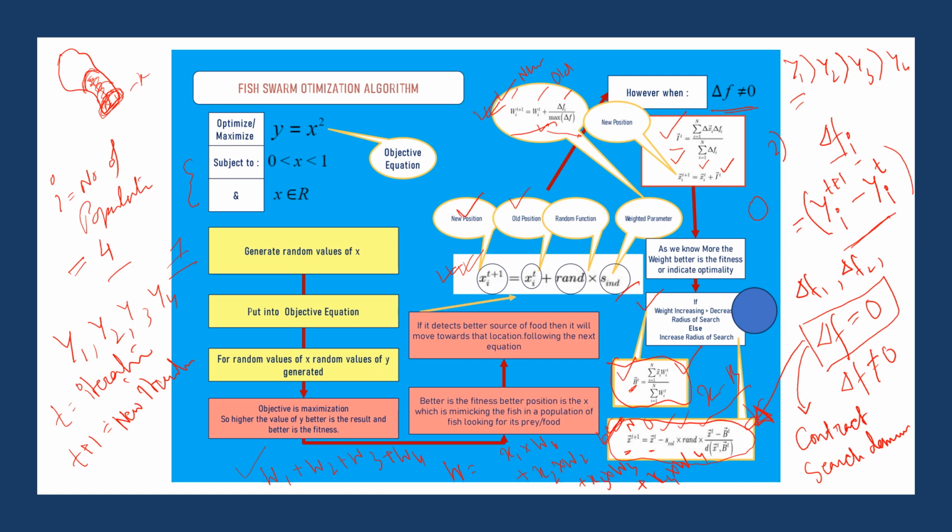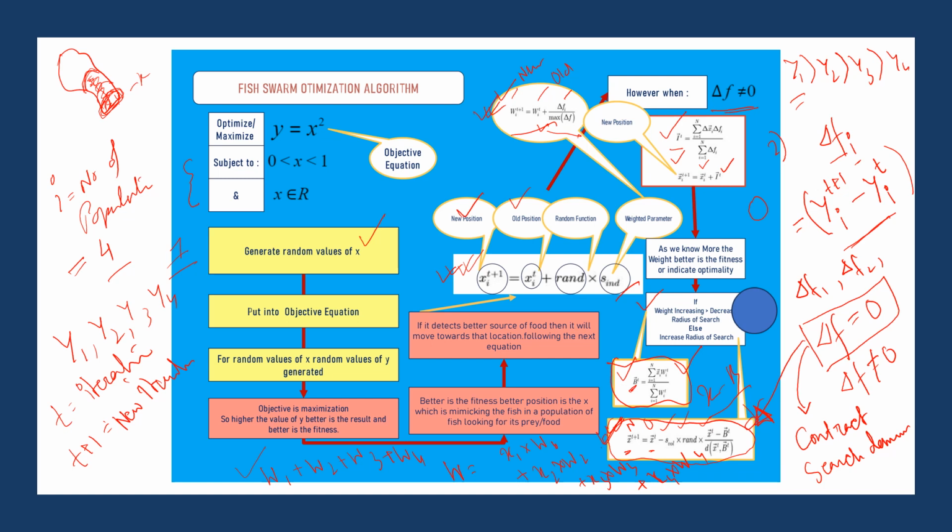So let me summarize as a whole what will happen in the case of the fish swarm optimization algorithm. First step is to generate random values of x within the feasible domain. So let it be 4 values for us. So I will become 4.